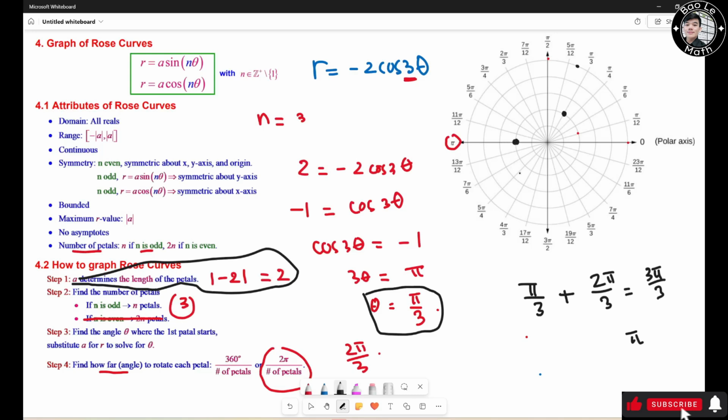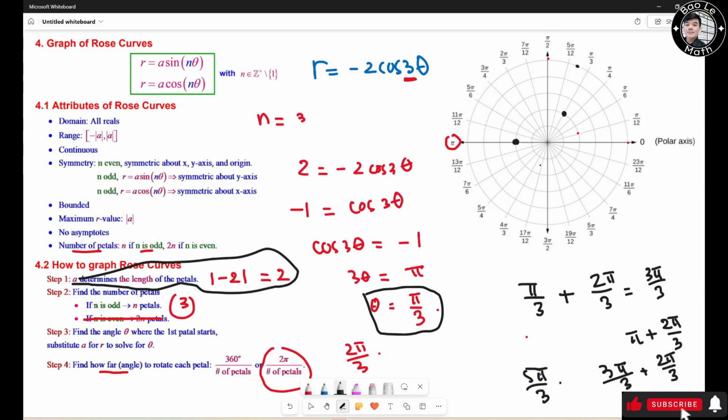Now the third one, you're gonna add 2 pi over 3 to pi. So it should be 3 pi over 3 plus 2 pi over 3. So it's going to be 5 pi over 3.